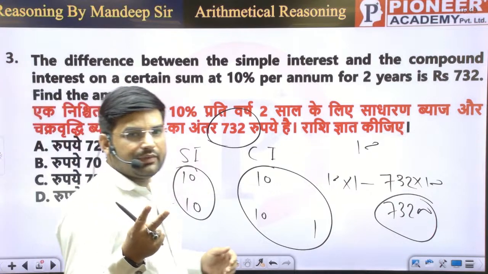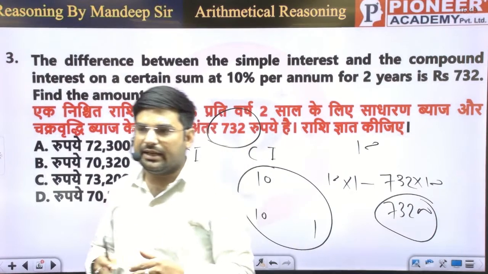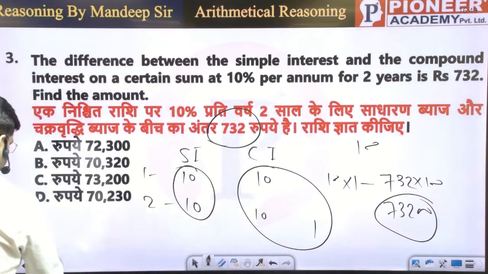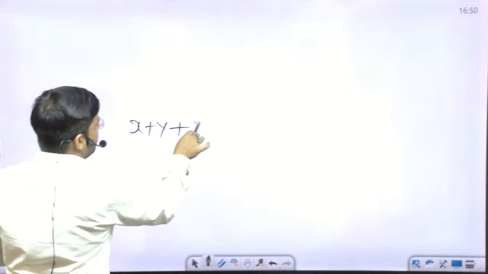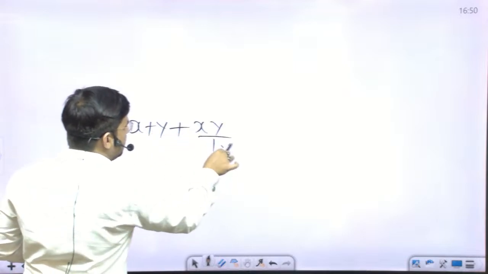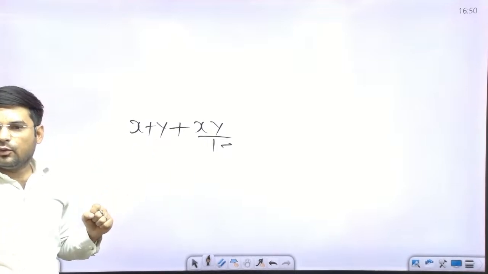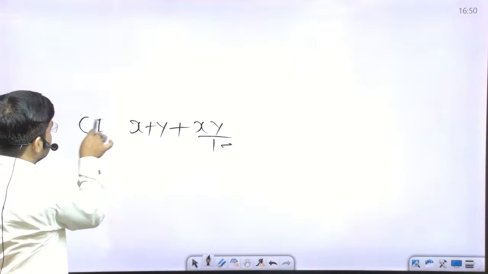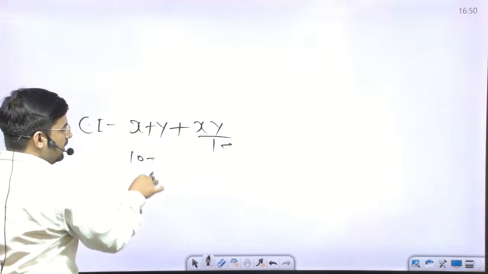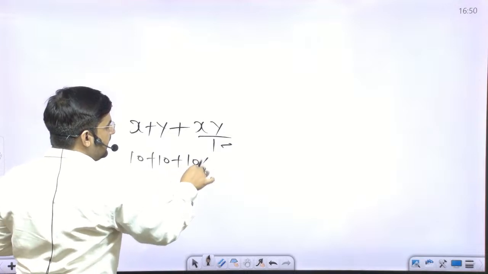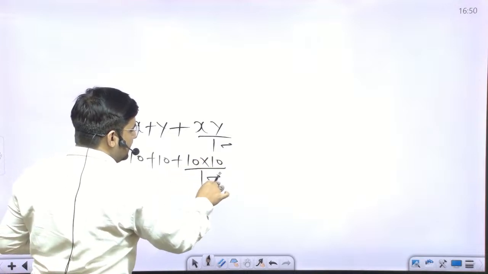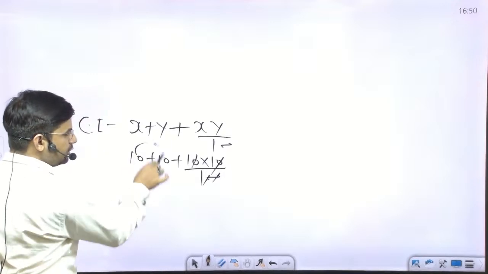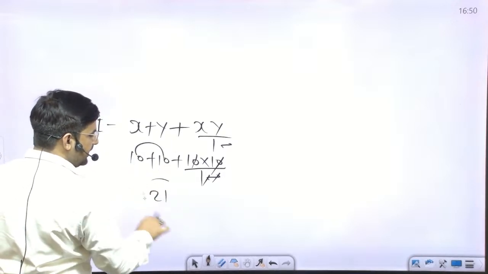For the difference of 2 years between SI and CI, we apply the formula x plus y plus xy upon 100. It's for CI. What is the interest rate? 10%. So CI is 10 plus 10 plus 10 into 10 upon 100, 20 plus 1, 21%.